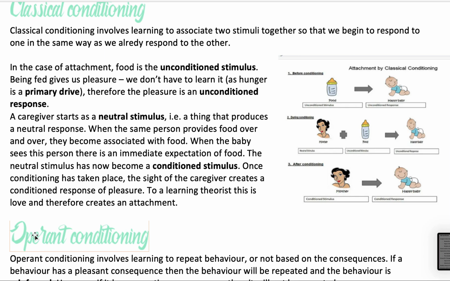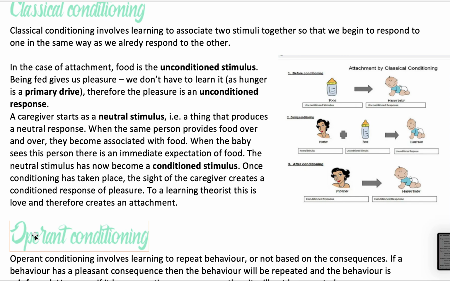But the repeated pairing of the caregiver with the unconditioned stimulus, the caregiver holding the milk and feeding the child, means that the caregiver develops from a neutral stimulus to a conditioned stimulus, and elicits a conditioned response.